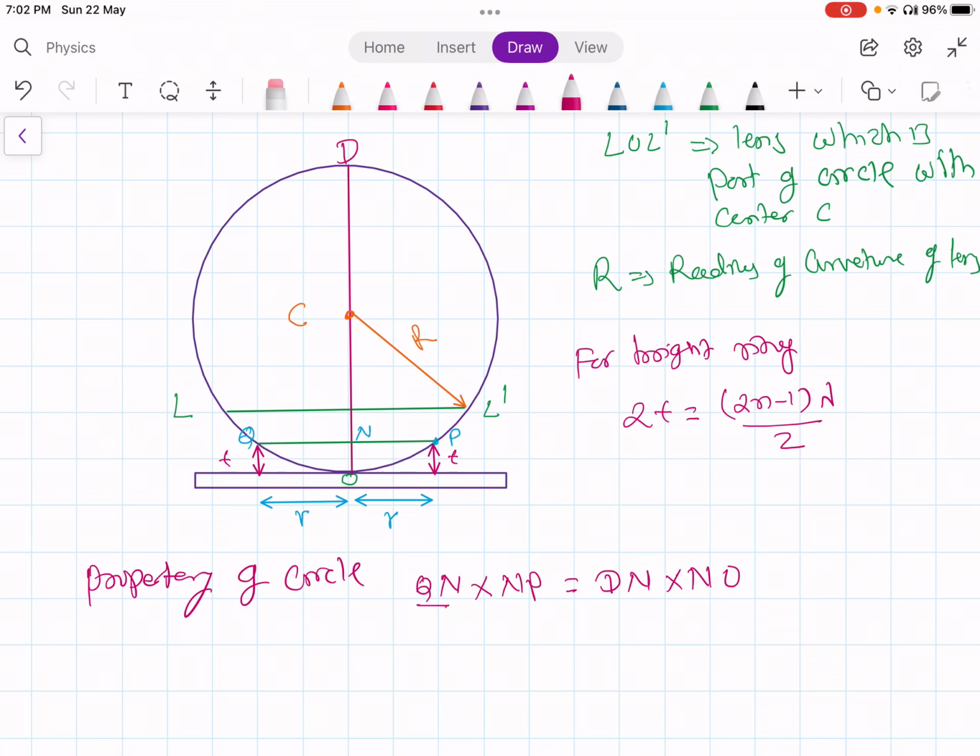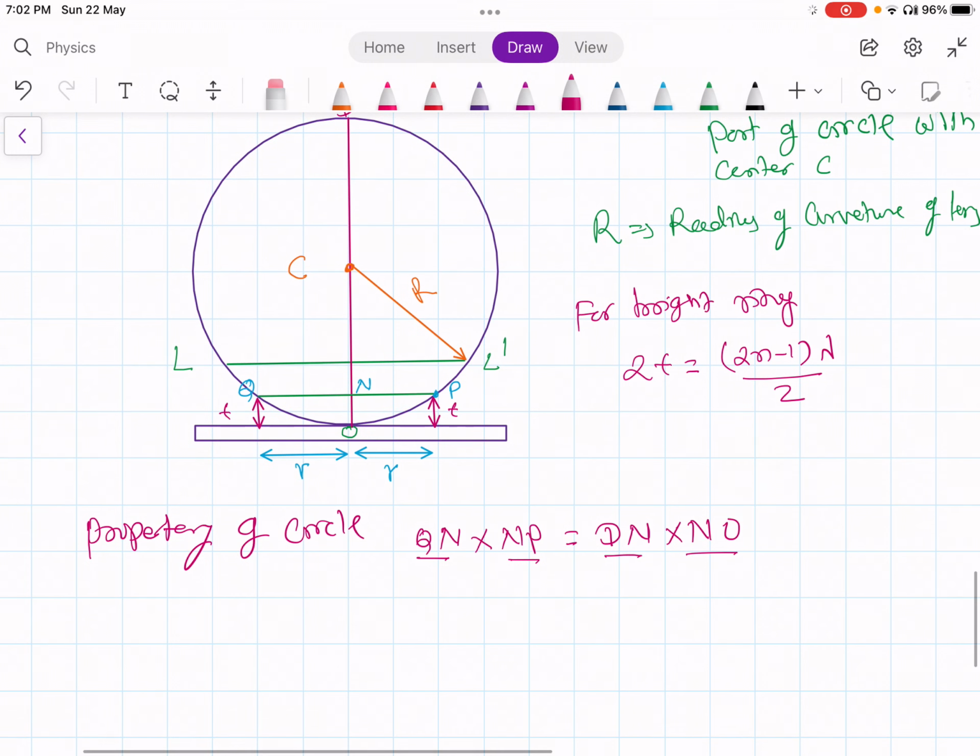QN into NP is equal to DN into NO. So this QN is R, as we know, and NP is also equal to R.